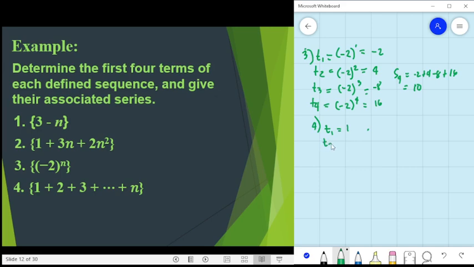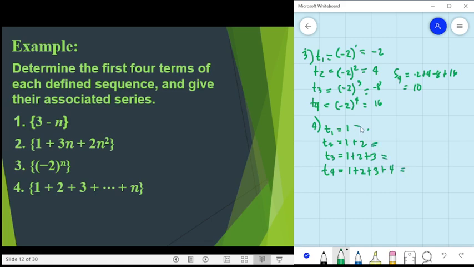Our t sub 2 is adding 1 plus 2. And then t sub 3 is 1 plus 2 plus 3. And t sub 4 is equal to 1 plus 2 plus 3 plus 4.